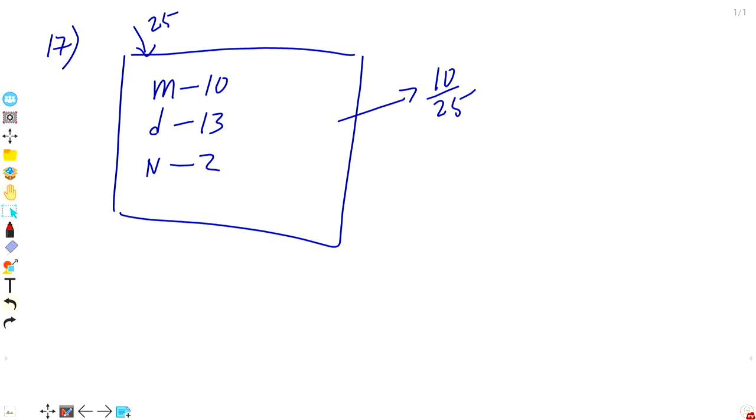What is A here? So what is that? 5 ratio 2 is what? 5 divided by 2. So okay, don't worry about that question. That question is poorly done. Okay, next one, quick.